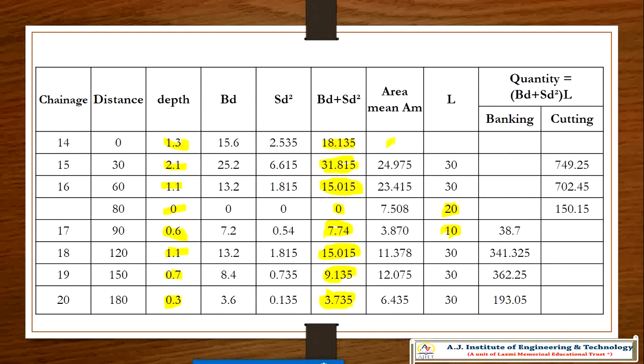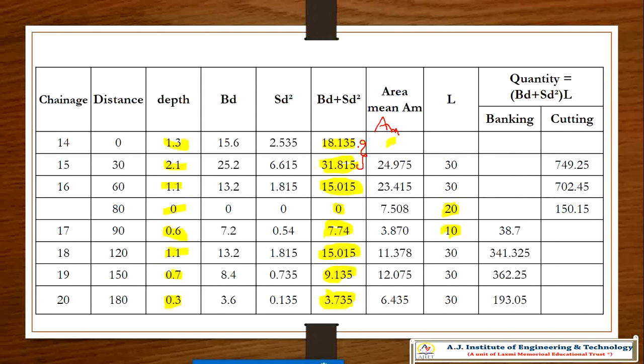Mean area is nothing but the mean of these two, because all the earthwork excavations are the same. So we take the mean of 18.135 plus 31.815 divided by 2. That is called AM.